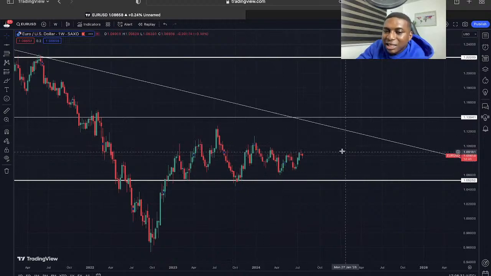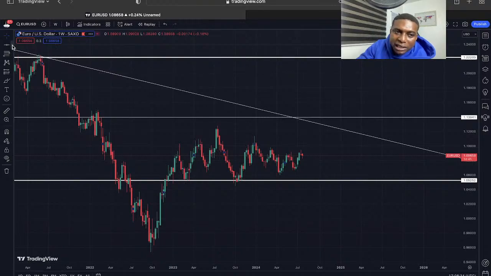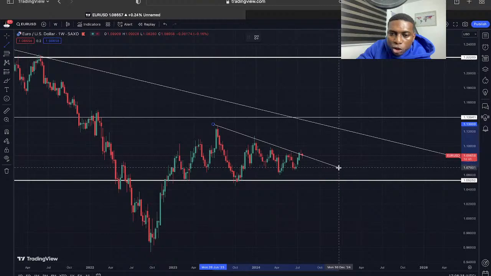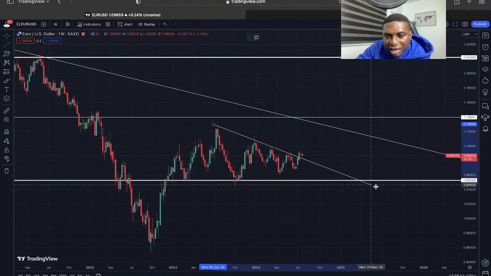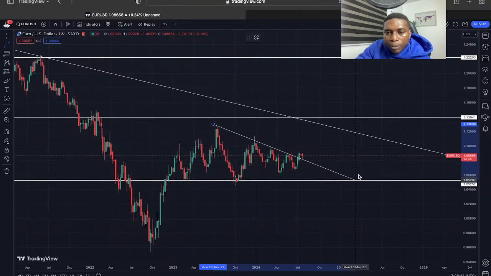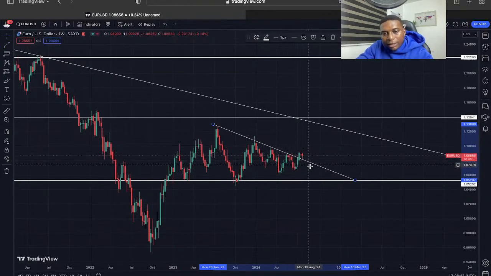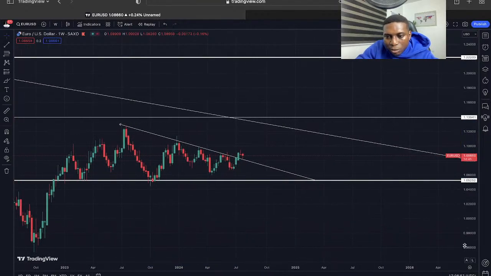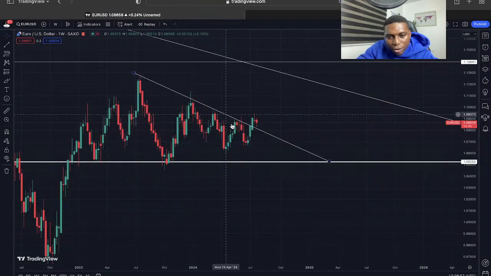Now, what is that telling us generally? That EUR/USD has been on a downward slope. Prior to this breakout here, we've been viewing this level as higher low and higher low.